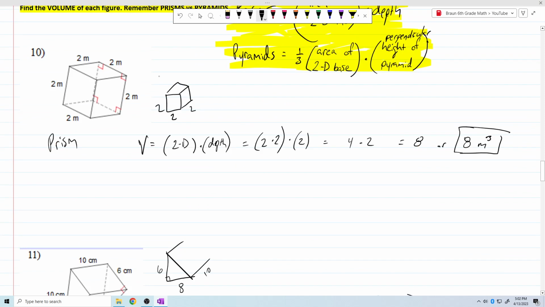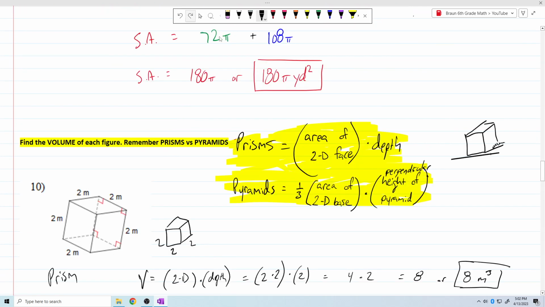So the diagram says 2 by 2 prism, or yeah, 2 by 2 by 2, basically. So all these faces are the same. Just pick one of them. Oops, pen is going crazy right now. Okay, there we go.